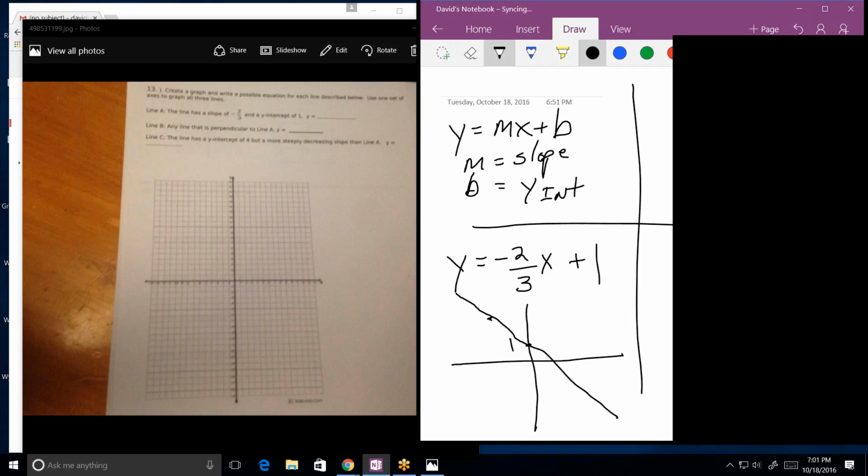Notice I also could have gone down 2 and right 3 to come up with that as a second point. Same line, same negative slope. So you can go up and over or down and over. Just make sure your over produces the right sign slope. That's the key.